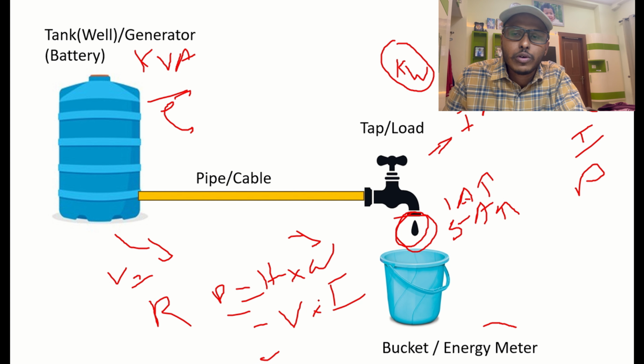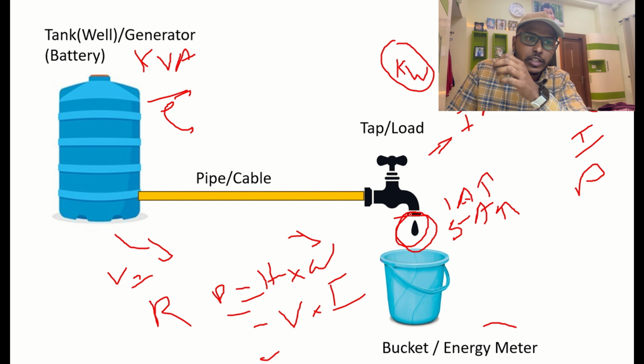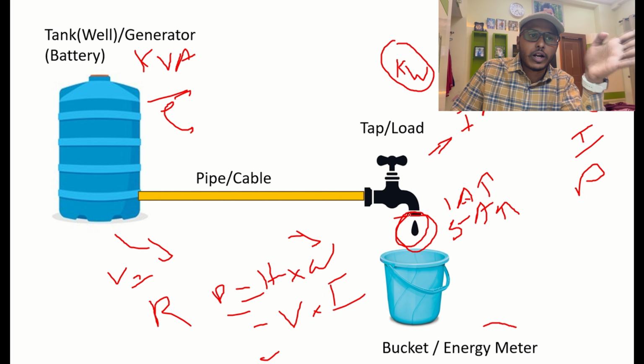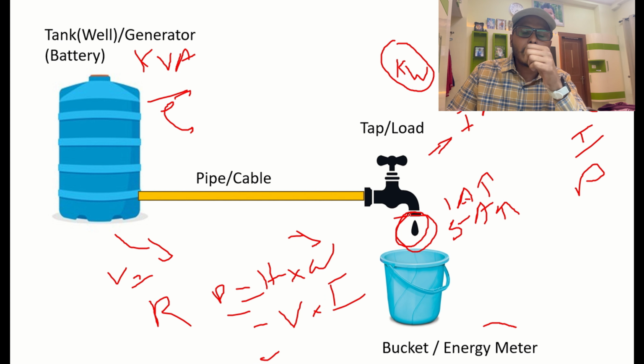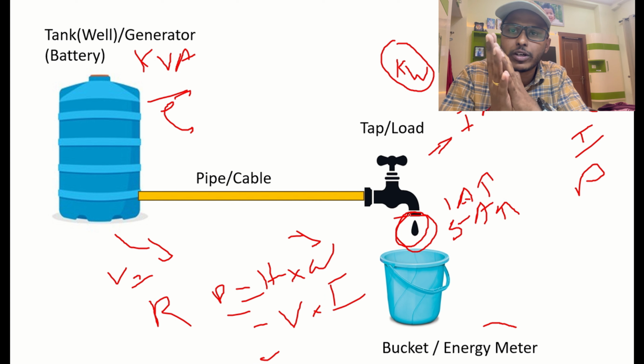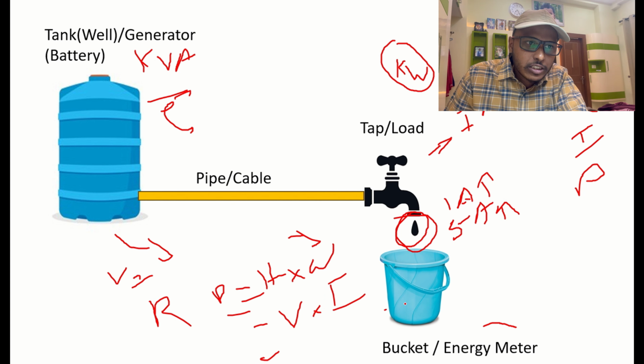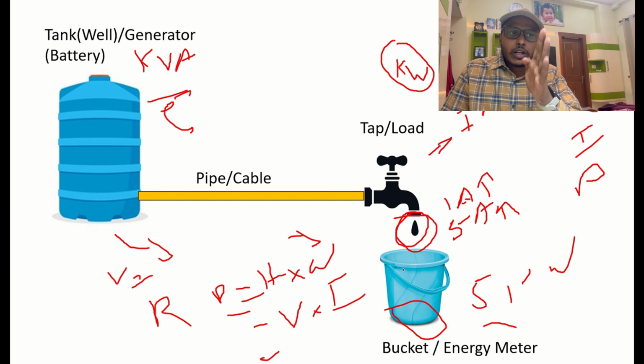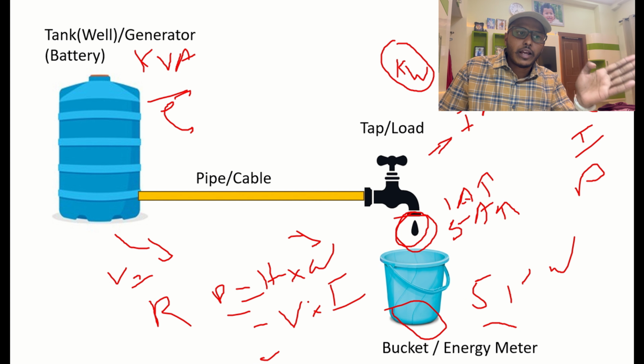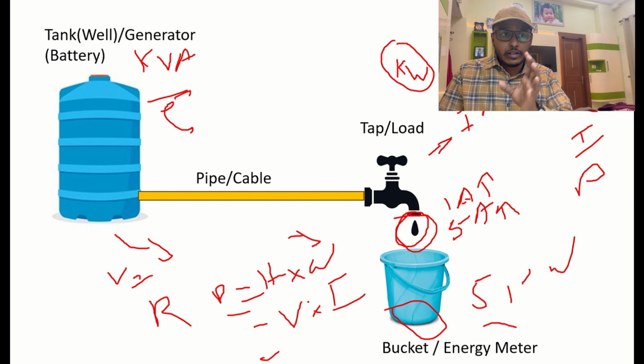So power is equal to voltage into current. At this point, how much water is coming and at what rate, the multiplication of these will give us the power. That means this bucket is filling water at a power of 5 kilowatt, meaning water is coming at a certain speed and in a particular amount.